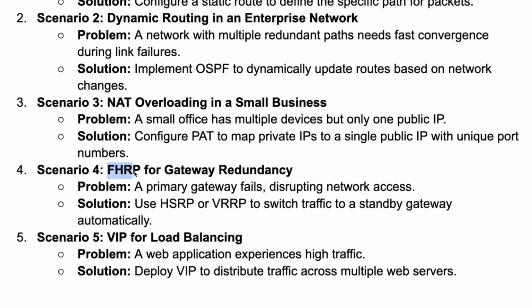Scenario 4 is the FHRP for gateway redundancy. So the problem would be that there's a primary gateway that fails and disrupts the network's access. So what we need is to use HSRP or VRRP to switch traffic to a standby gateway automatically. HSRP is the one that is proprietary to Cisco, and VRRP is the open standard version of it.